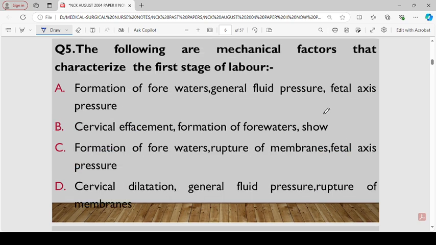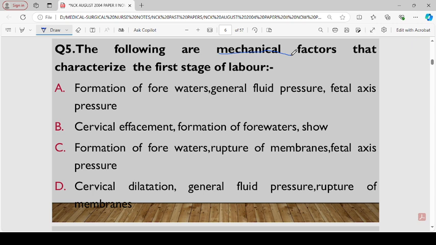Number 5, the following are mechanical factors that characterize the first stage of labor, right? So let's look at them. The first stage of labor, mechanical factors. Let's start with option D, cervical dilatation, general fluid pressure, and rupture of membrane.